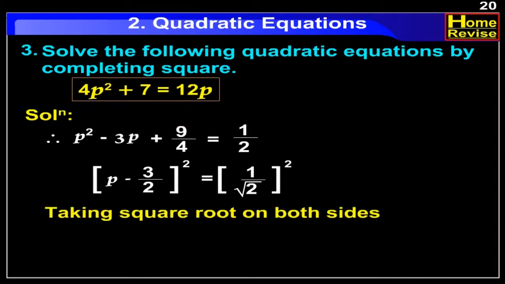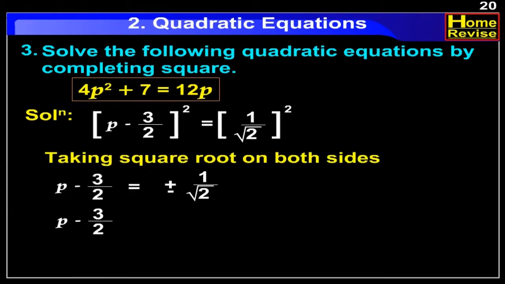Taking square root on both the sides, we get p minus 3 upon 2 is equal to plus or minus 1 upon root 2. Now, rationalizing the denominator on the right hand side, we get p minus 3 upon 2 is equal to plus or minus 1 upon root 2 into root 2 upon root 2.